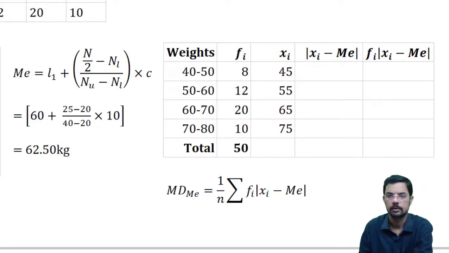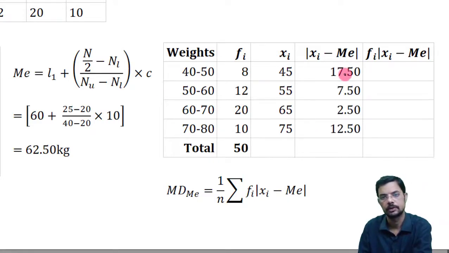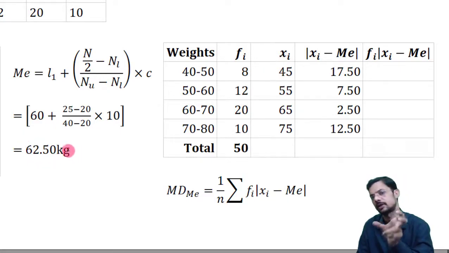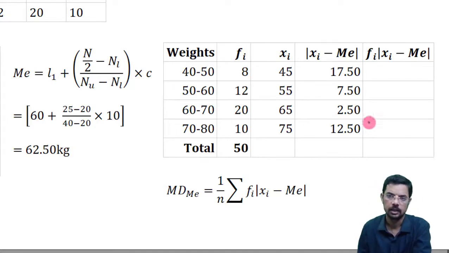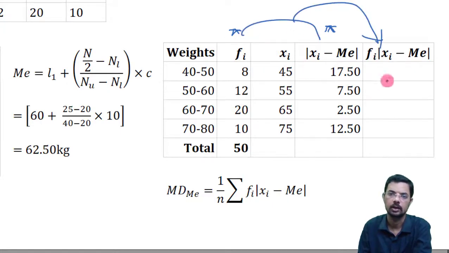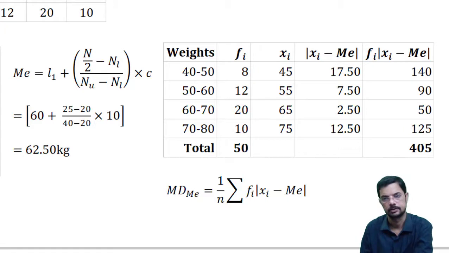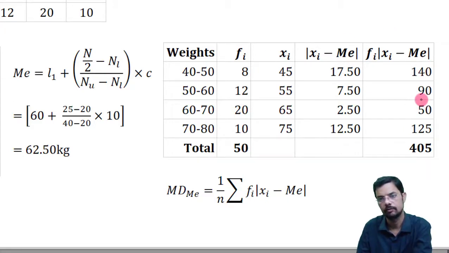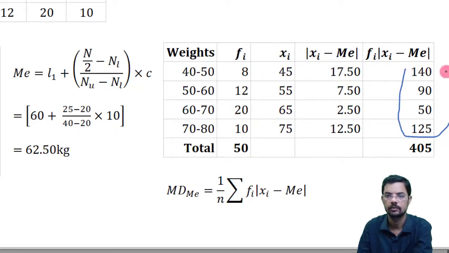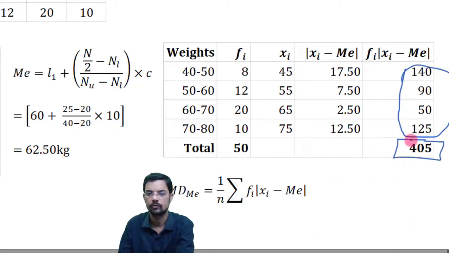So what we get here is 17.50, that is 45 minus 62.50, and we take the absolute value. Now you multiply this with fi. These two are multiplied and put here. So you get fi into modulus of xi minus median, which is 140, 90, 50, 125, and then you add all these values, and what you get is 405.